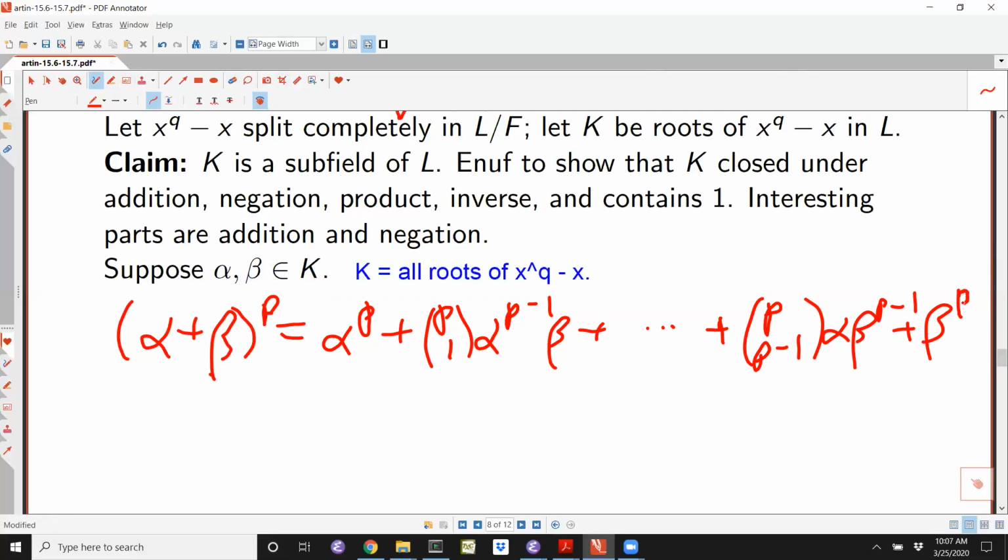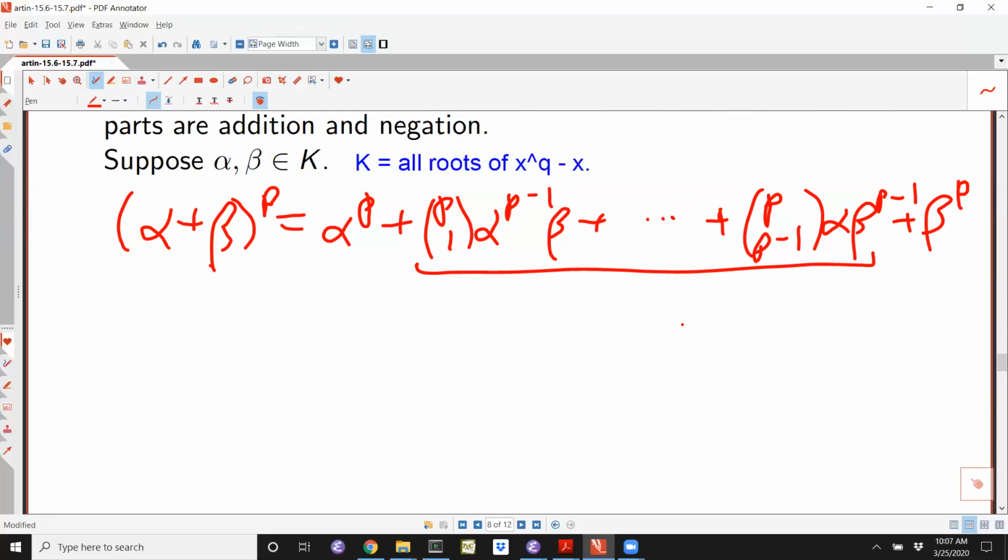The remarkable thing is that all these p choose k's, where k is strictly between 0 and p, are divisible by p.